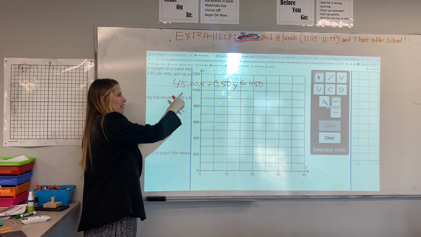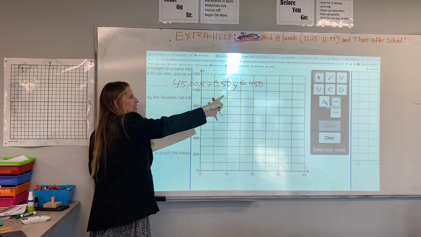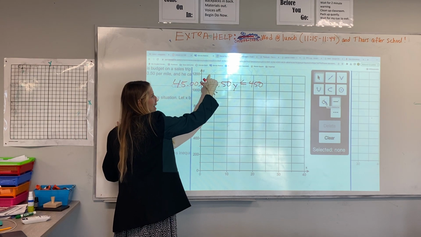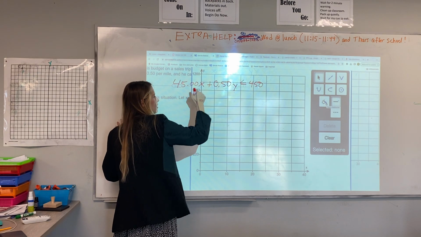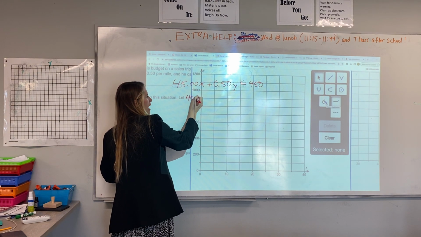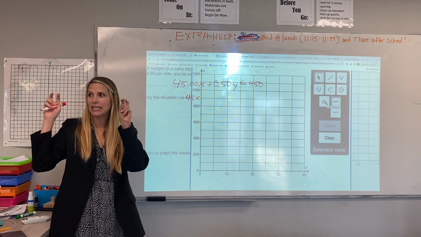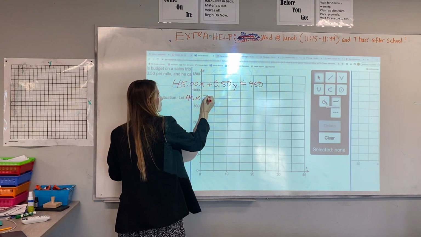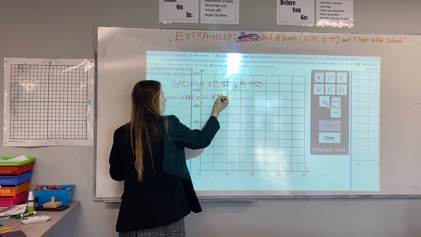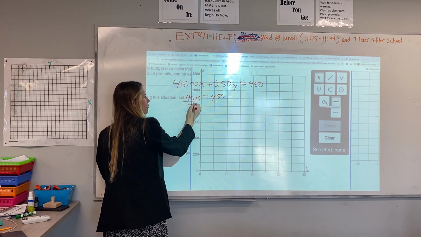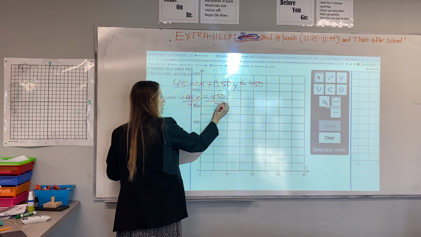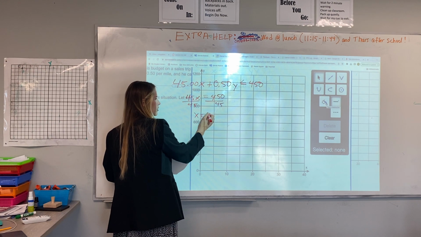To get your x-intercept, you plug 0 in for y. It cancels it out, and you get 45x equals 450. When we find our intercepts, you just pretend it's equal.